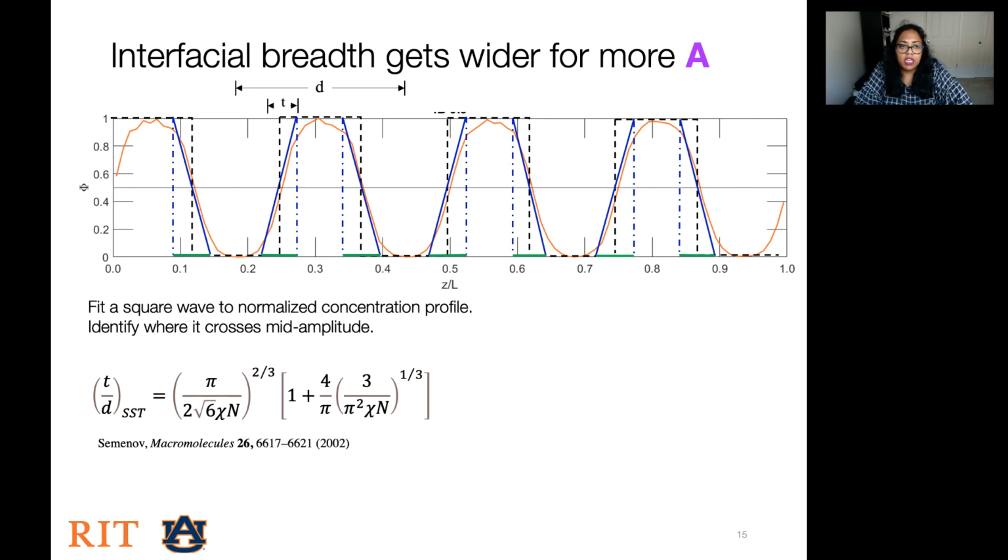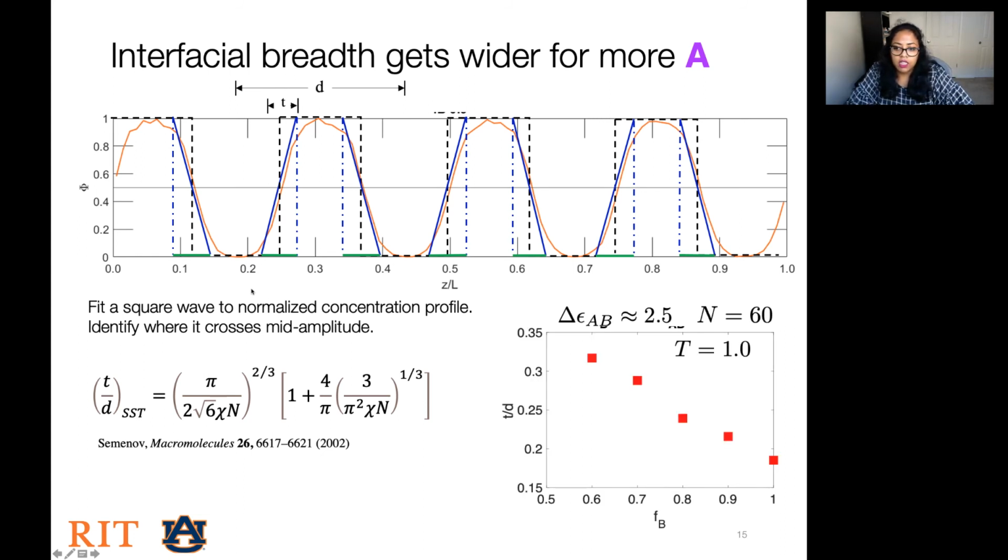Okay, and then we can also go and look at our volume fraction data and obtain interfacial breadth. So the domain size is just the size of a unit cell, and the interfacial breadth we can obtain by using the approximation that the interface crosses at 50%, and you can see where it intersects the top and bottom lines, and then you can essentially get the domain thickness.